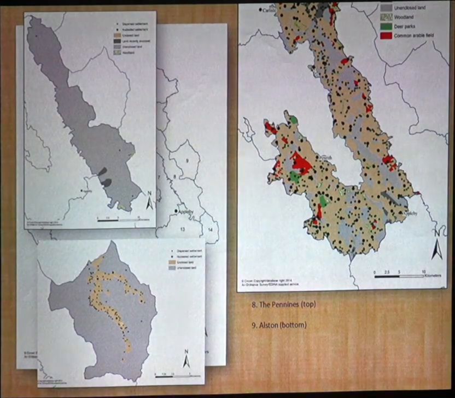You've still got enclosed land, but those are the common pastures between the enclosed fields belonging to individual farms and the common arable fields. So it's quite a busy looking character area certainly compared to the Pennines, but compared to Alston Moor as well. And that just kind of shows you the difference between different types of character areas.